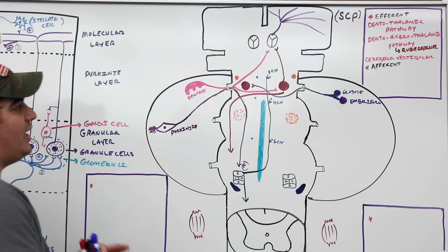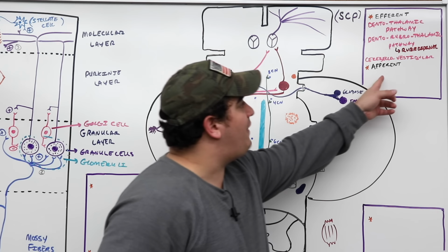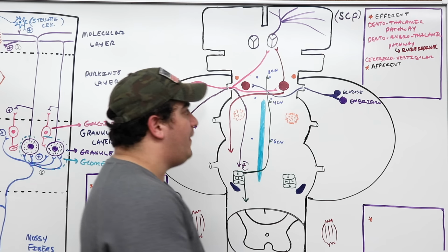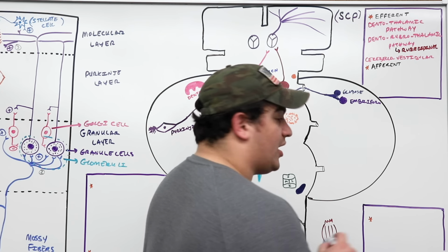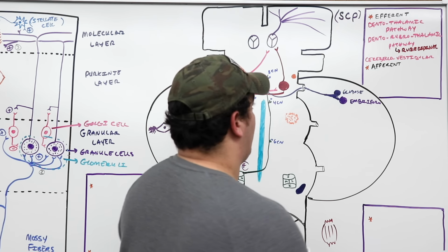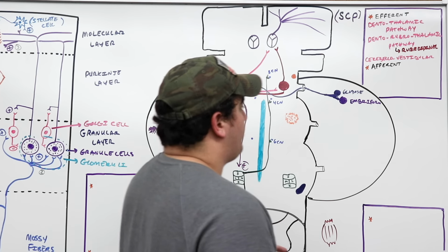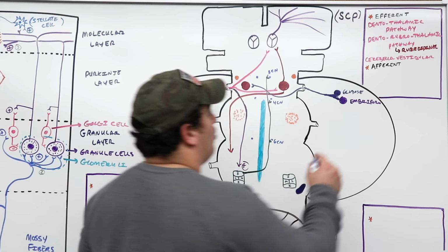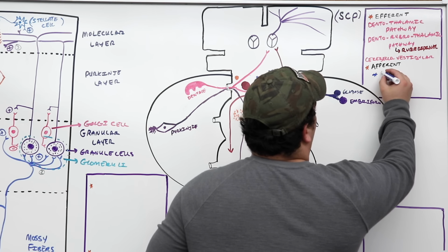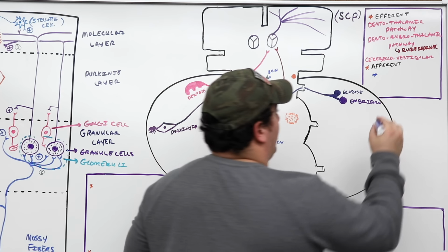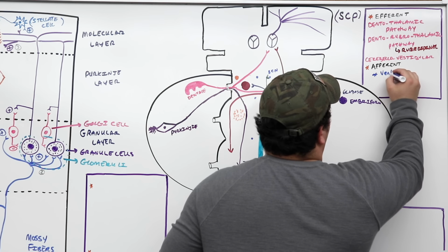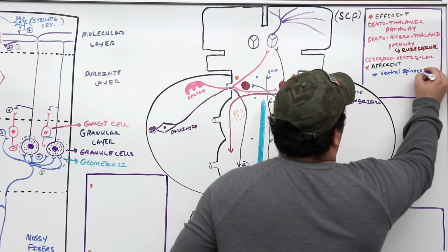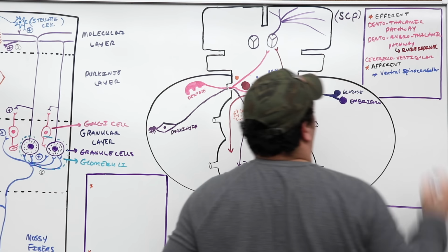Okay, next thing, we'll go to the afferents. Afferents, again, we're not going to go through all of the pathways here with the afferents because we've already gone over that in our cerebellar video, the ascending tracts of the cerebellum. But for this one, I want you to remember just 3 important ones. So one is going to be the, we talked about this in the cerebellar video, the ventral spinocerebellar tract, okay?